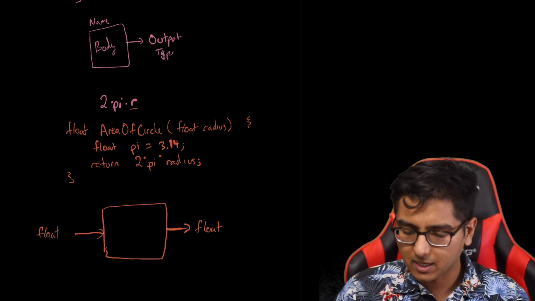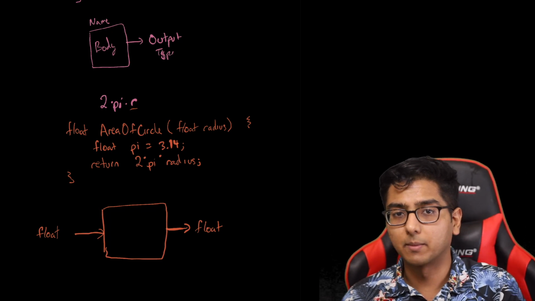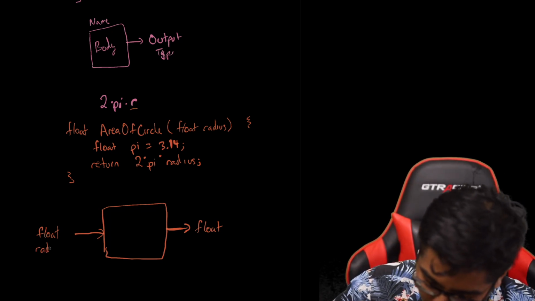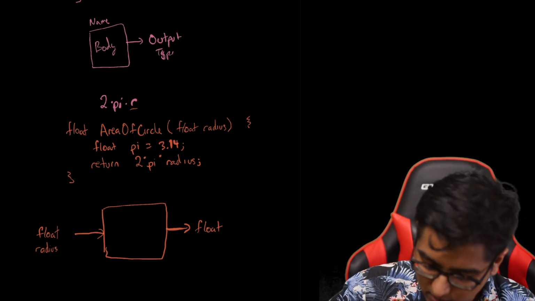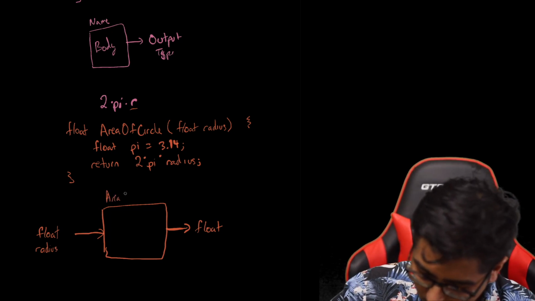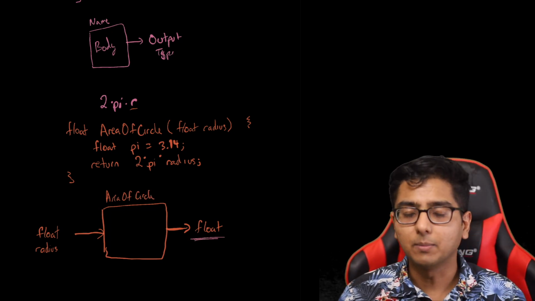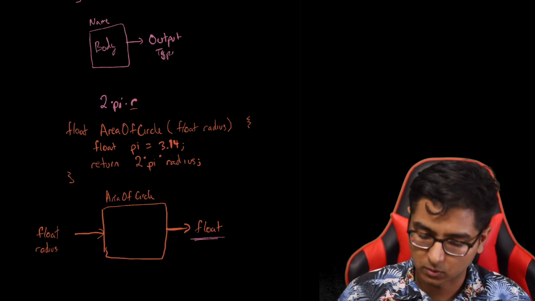So this function that I've called area of a circle transforms one number into a different number. The first number happens to be named radius, and I know conceptually, because this function is named area of circle, that the output type really indicates that the number I'm getting out represents the area of a circle.